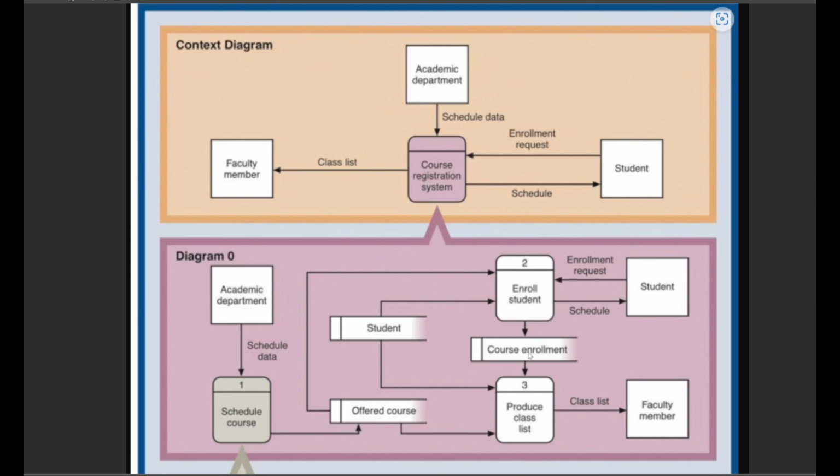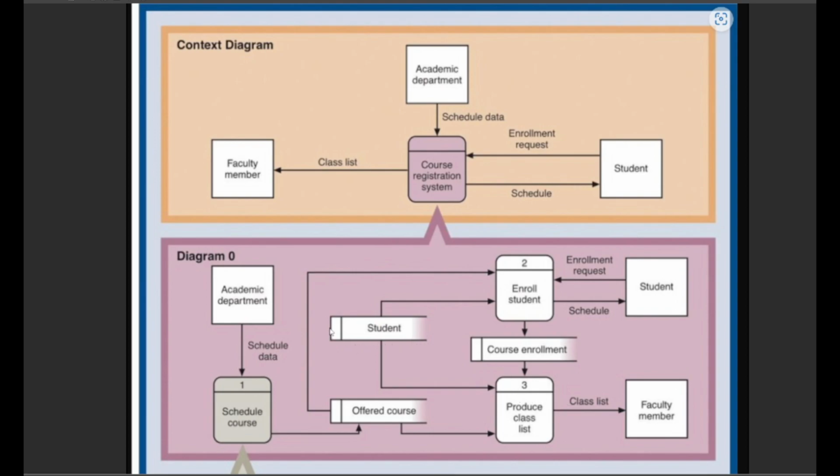Now if that student is actually enrolled in a class, it will produce a class list, or you can request a process to produce a class list that will be given to the faculty member to identify the number of students in the class itself, or who those students are.